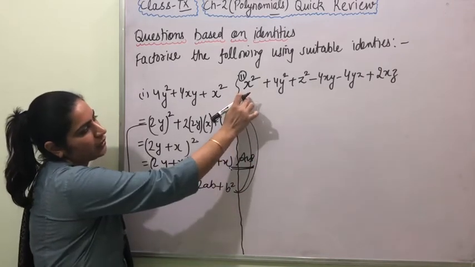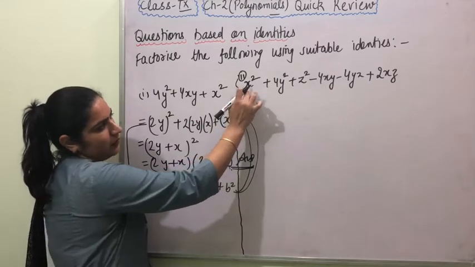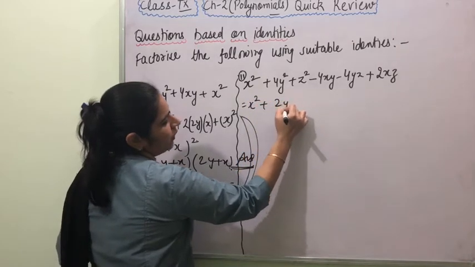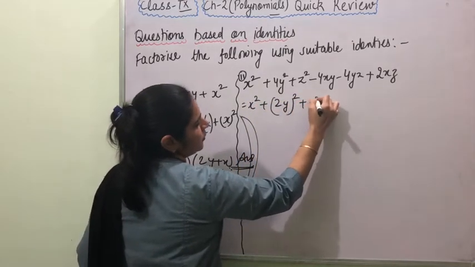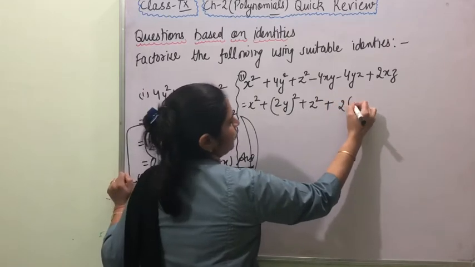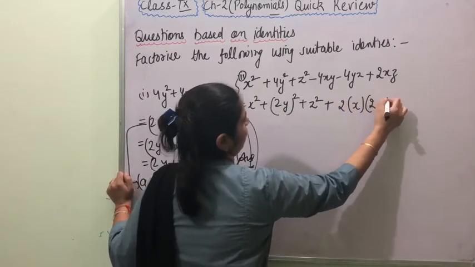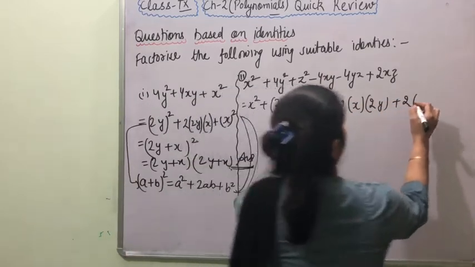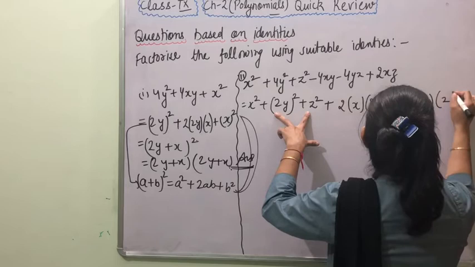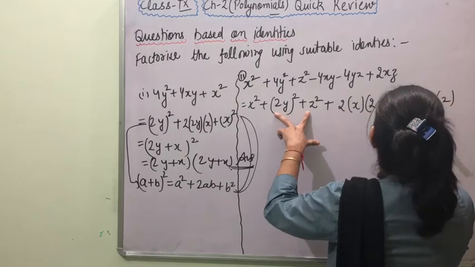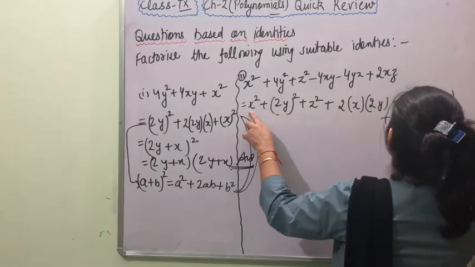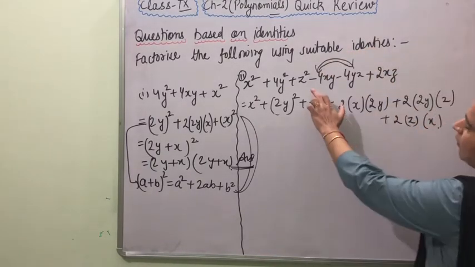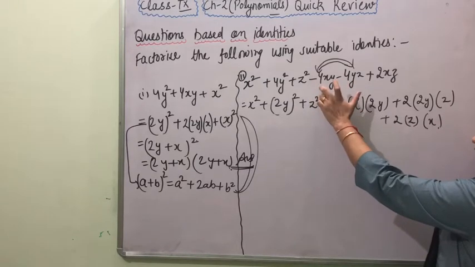Now next question, again we have to factorize this while using the identity. We can write this as x square plus (2y) whole square plus z square, minus twice of x into 2y, twice of first into second term, plus second into third term, 2y into z, plus third into first term, which is equal to x. Now when we check, the negative sign is with these two terms.